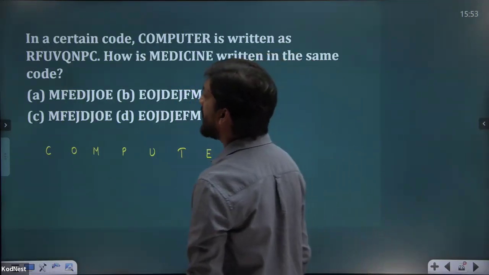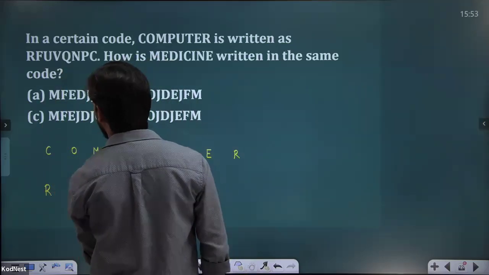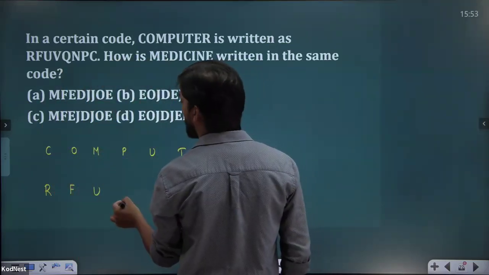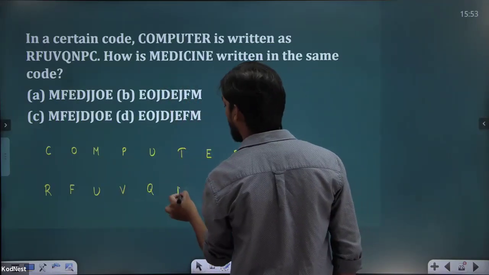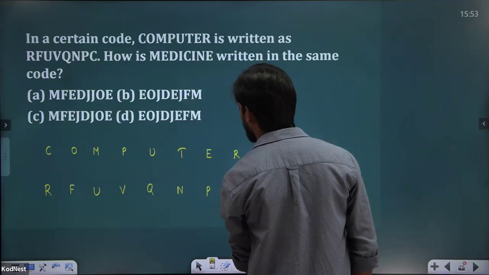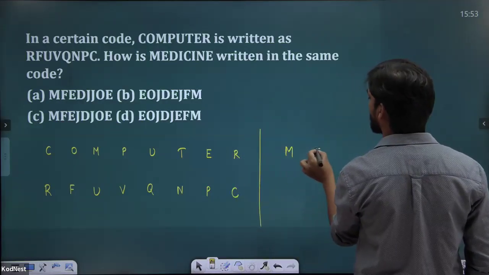The code is RFU. Please be very careful while writing. So RFU, VQ, NPC, NP, and C. We have to find the code of medicine. So medicine.